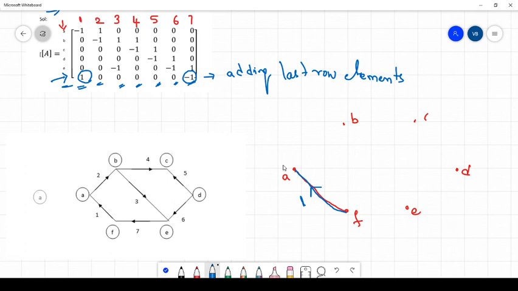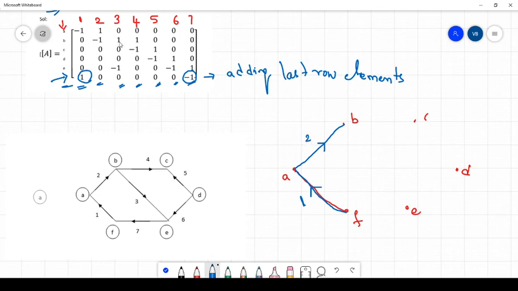Next, branch 2. Branch 2 is connected in between A and B nodes, because those two are the non-zero values. B has -1, so it is directed towards B. So this is branch 2.